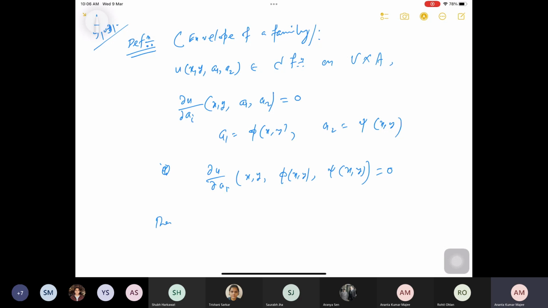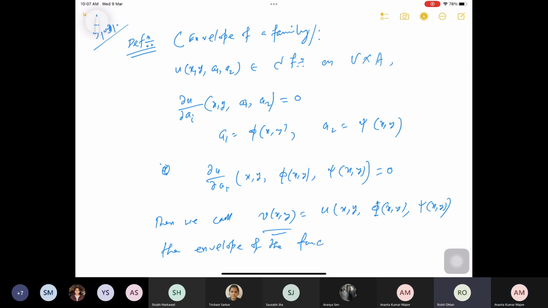Then if we define v(x, y), which is u(x, y, a1, a2) with a1 now equal to phi(x, y) and a2 now equal to psi(x, y), this function v is called the envelope of the functions u(·, a), where a is in my parameter set.